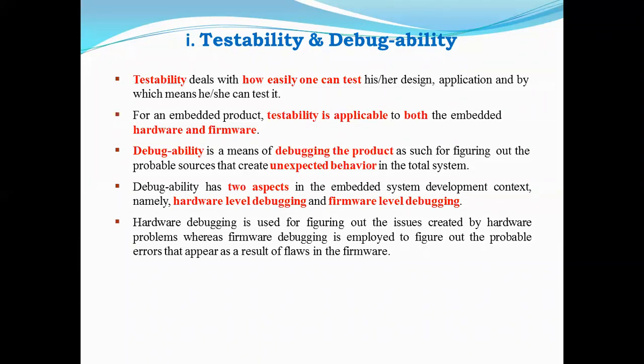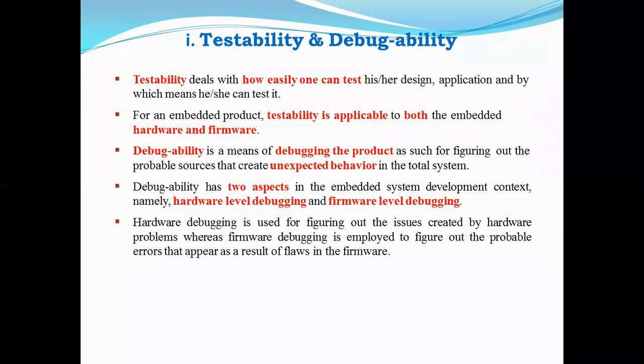The best example: if you are writing a program in Turbo C, you have a debugging option there, with step-by-step execution. There are debugging tools in the compiler, so you can find where the error is in the software and debug it. So debuggability is about correcting the errors in the total embedded system design, for the hardware as well as the firmware.